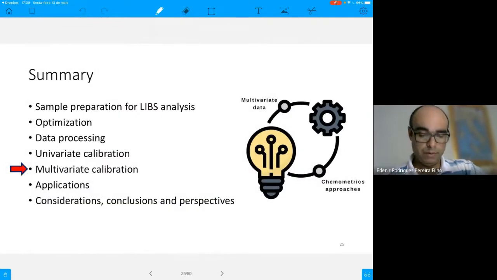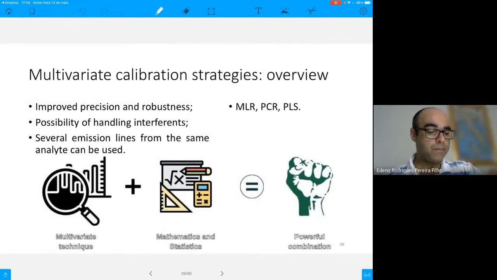Multivariate calibration. In multivariate calibration, we can improve the precision and robustness of the method. It's possible to handle interference.